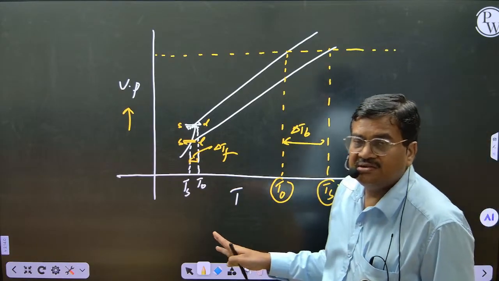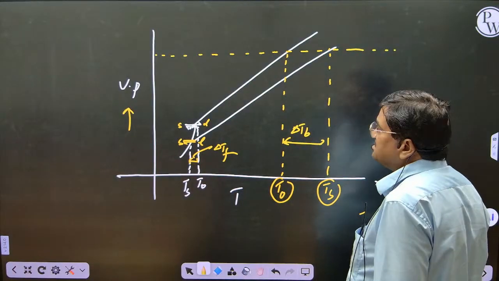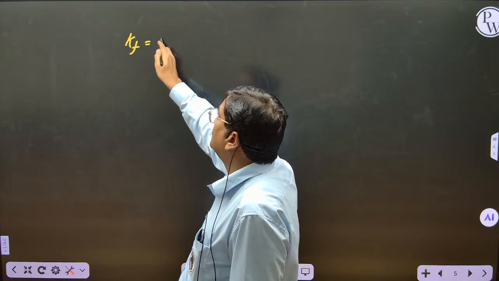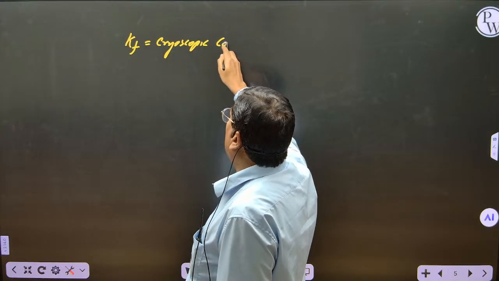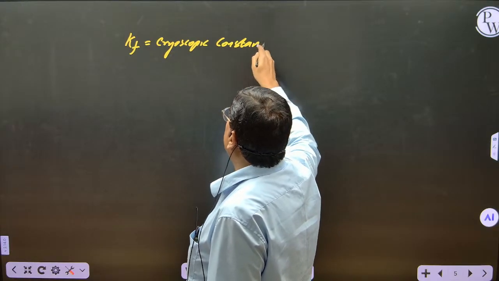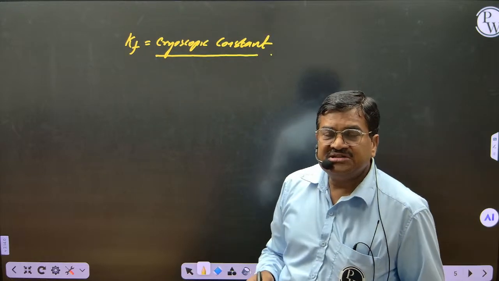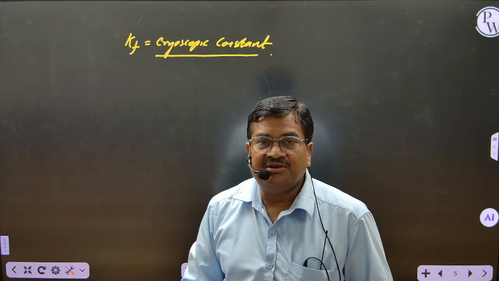Done, students? Right. Now see, yesterday we discussed the cryoscopic constant. What is the cryoscopic constant? Kf. And this cryoscopic constant value will be highest for camphor. I told you yesterday Kf depends only on the nature of the solvent but not on the nature of the solute, correct?